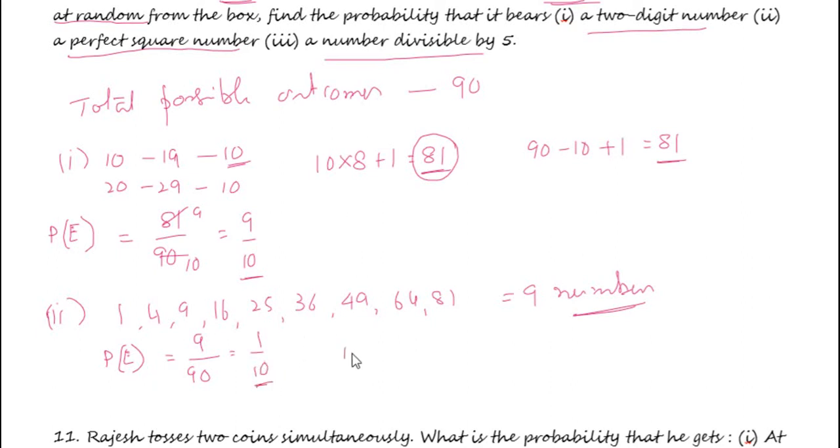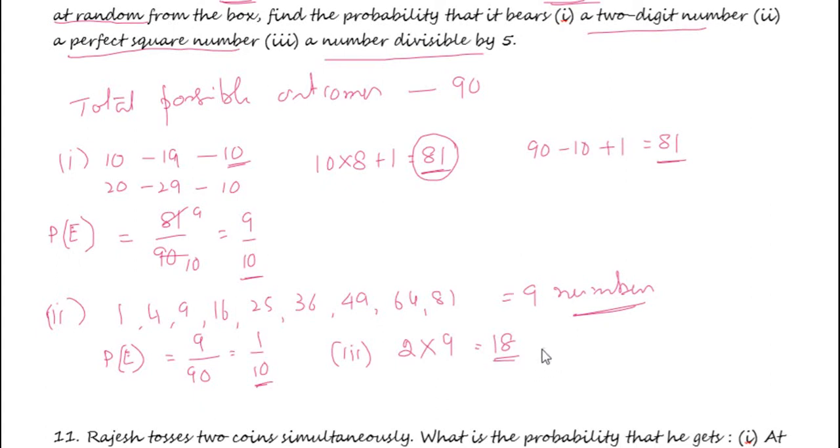Third one, a number divisible by 5. From 1 to 10 you have 2 such numbers, and up to 90 you have 9 such sets. Totally you have 18 numbers which are divisible by 5 in the lot of 1 to 90.